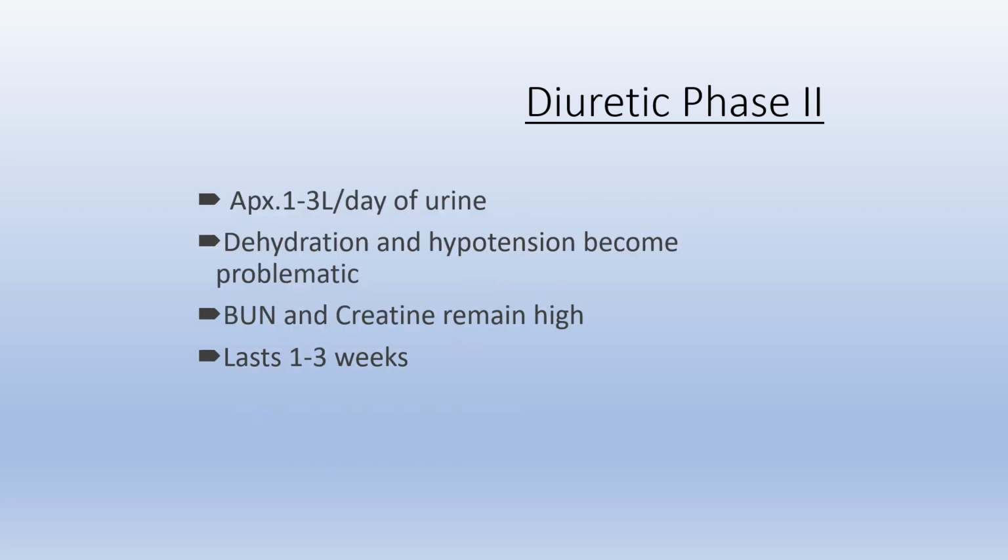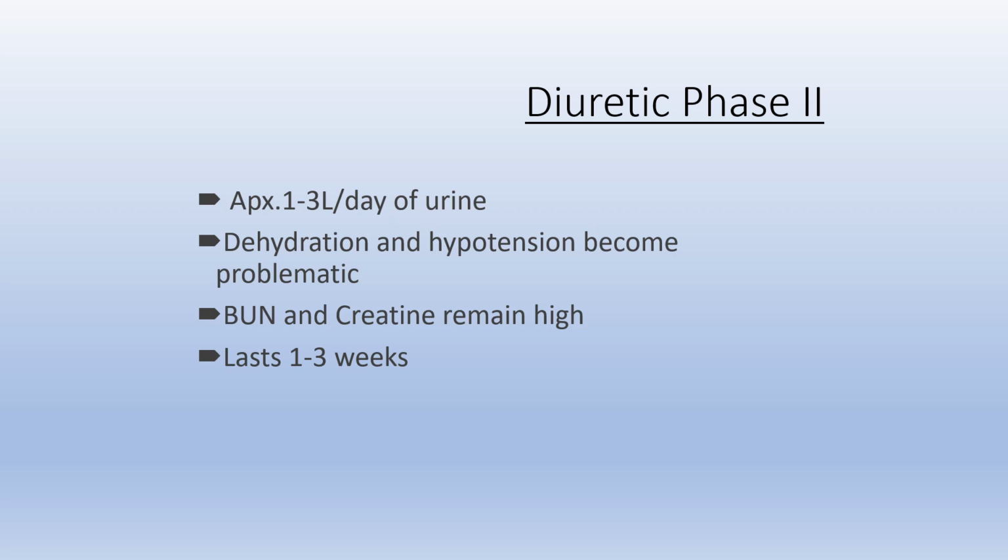The next phase is the diuretic phase, which is phase 2. As the kidneys begin to excrete waste products, 1 to 3 liters a day of urine is produced, in which osmotic diuresis occurs from the elevated waste products, urea, which the body is attempting to eliminate. The kidneys are not yet able to concentrate urine, so dehydration and hypotension are a concern.